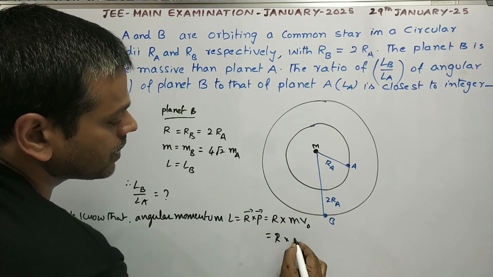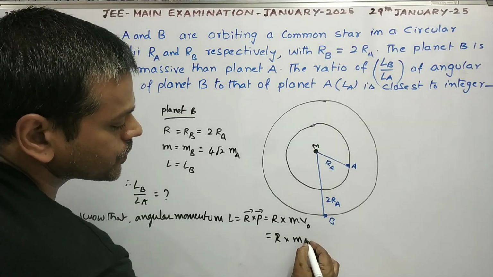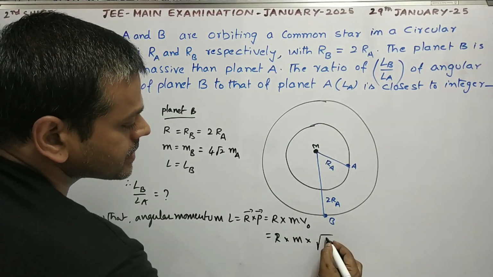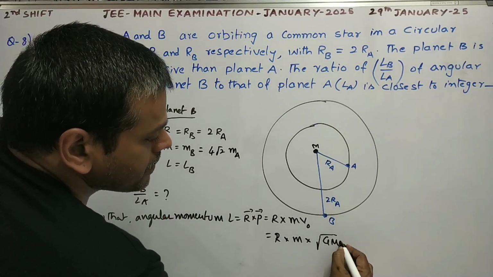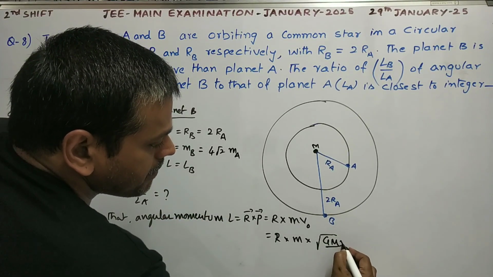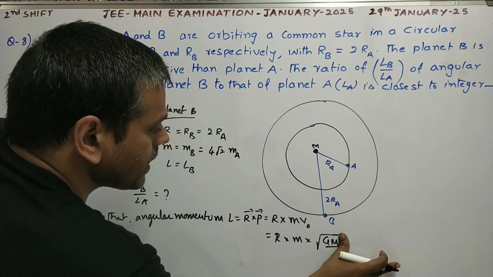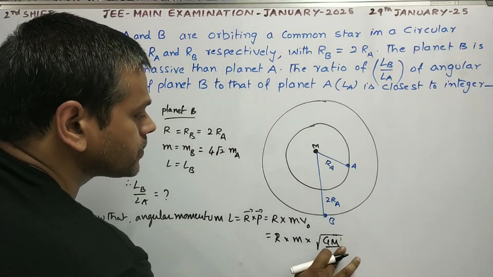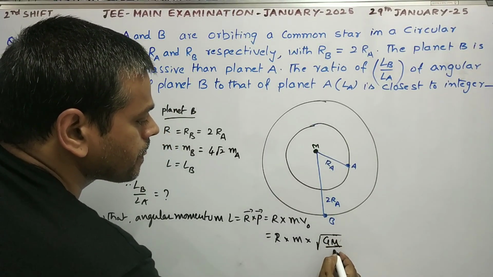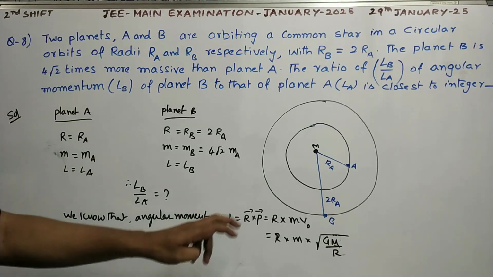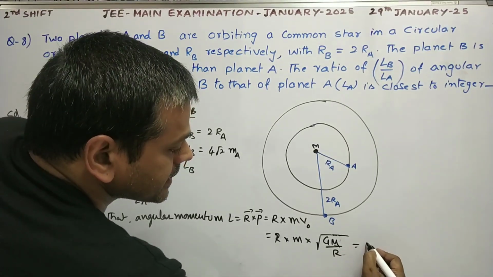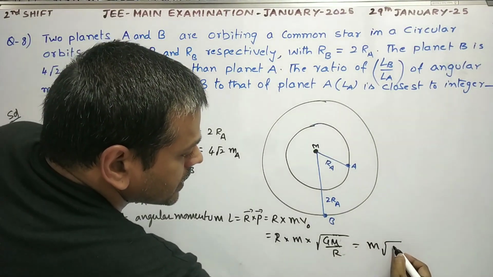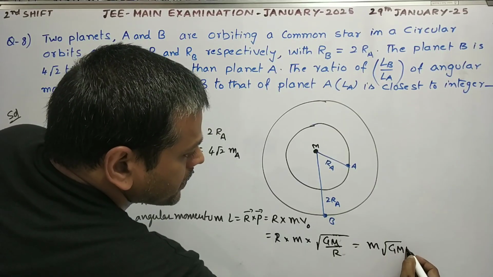Capital R into mass of planet M into its orbiting velocity around a circular path, which is root over GM by R. Now it may be simply written as M into root over G into M into R. Why?